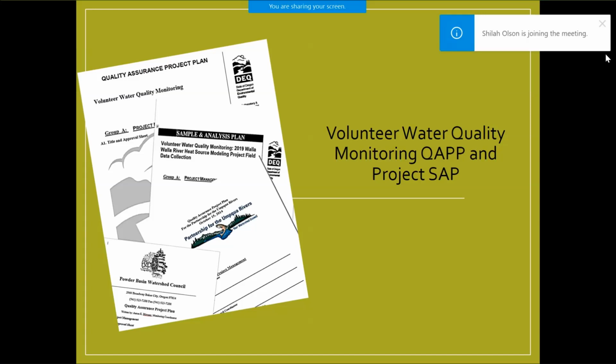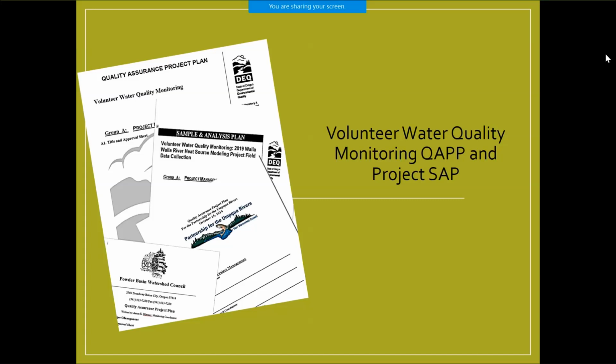But it's up to each organization to define their sampling program and talk to the specifics of their program and identify which elements of the quality assurance umbrella plan are going to be relevant for their program.